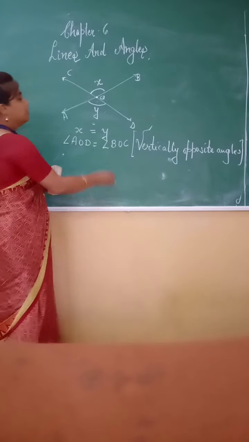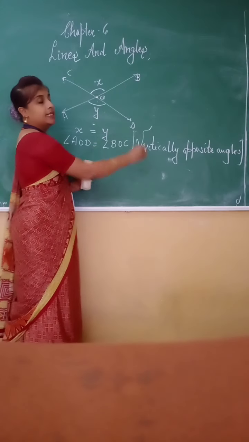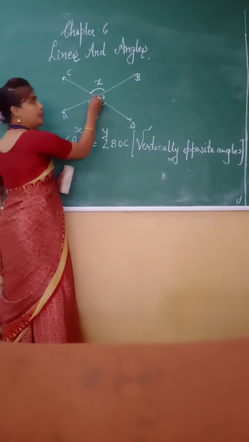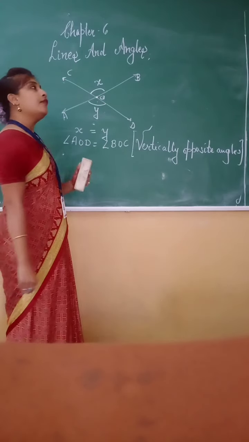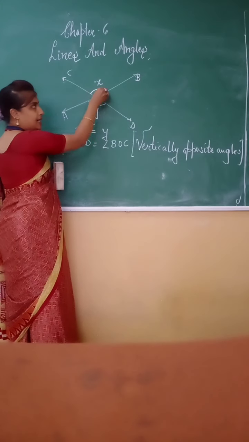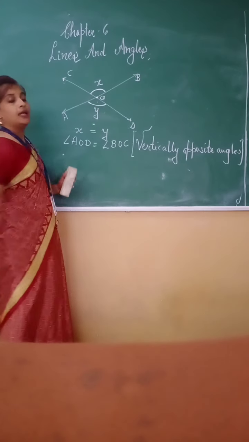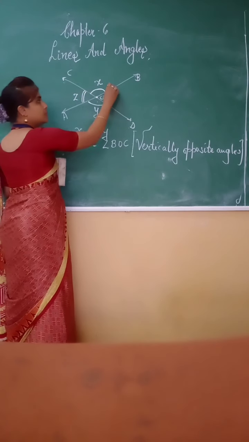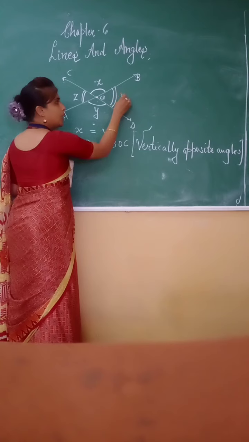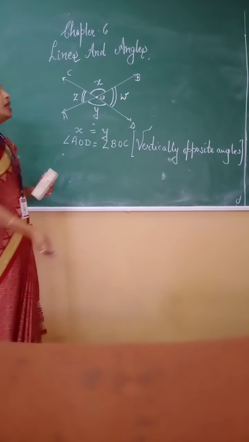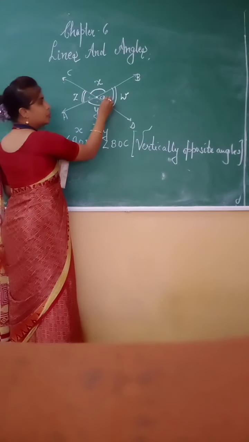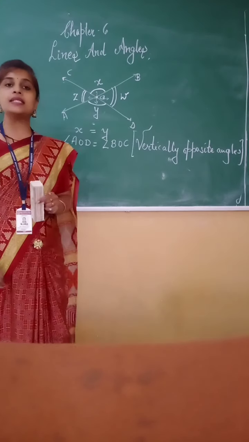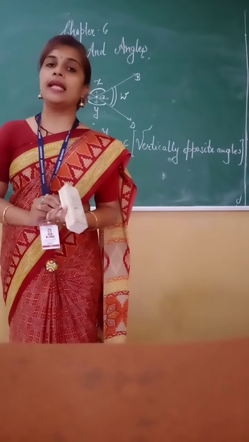So from here, if AB and CD are the two lines which intersect with each other at point O, then we will say here that angle X is equal to angle phi, or angle Z is equal to angle W. It is compulsory that the angles should be opposite to each other. Then these angles are known as vertically opposite angles.